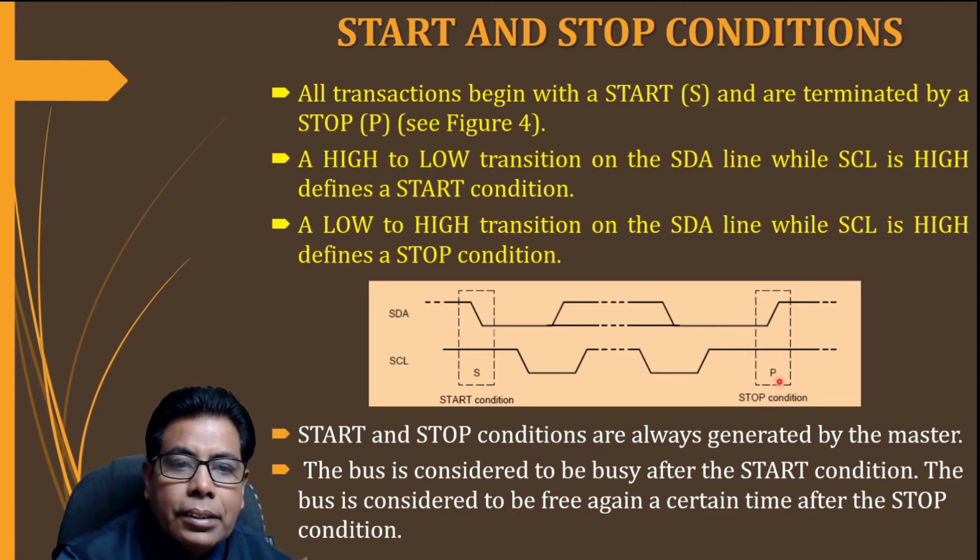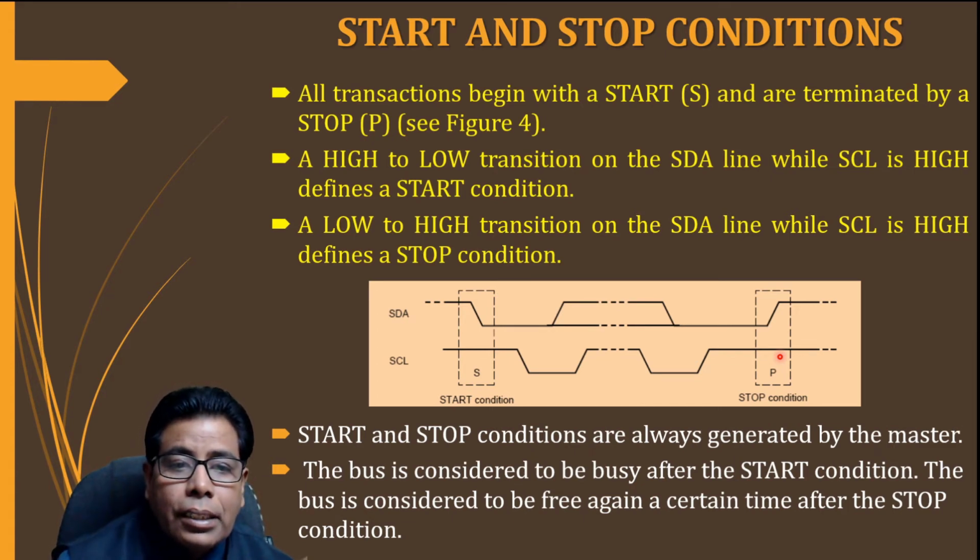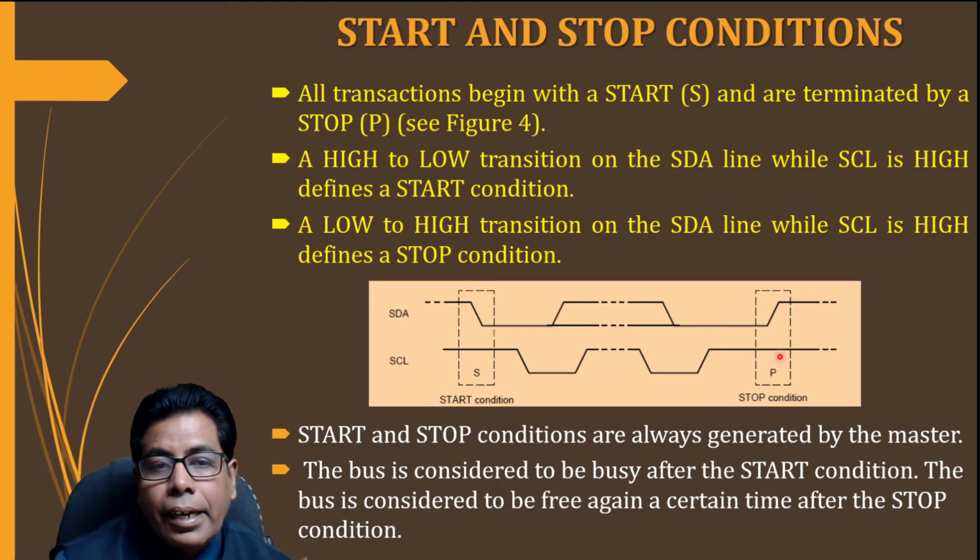It is designated by this P. You can see the SDA line is going from low to high, and here again the clock is high, so that is defining the stop condition. Now since this is a 2-wire protocol, these conditions are very important for the start of the data transfer and the end of the data transfer.